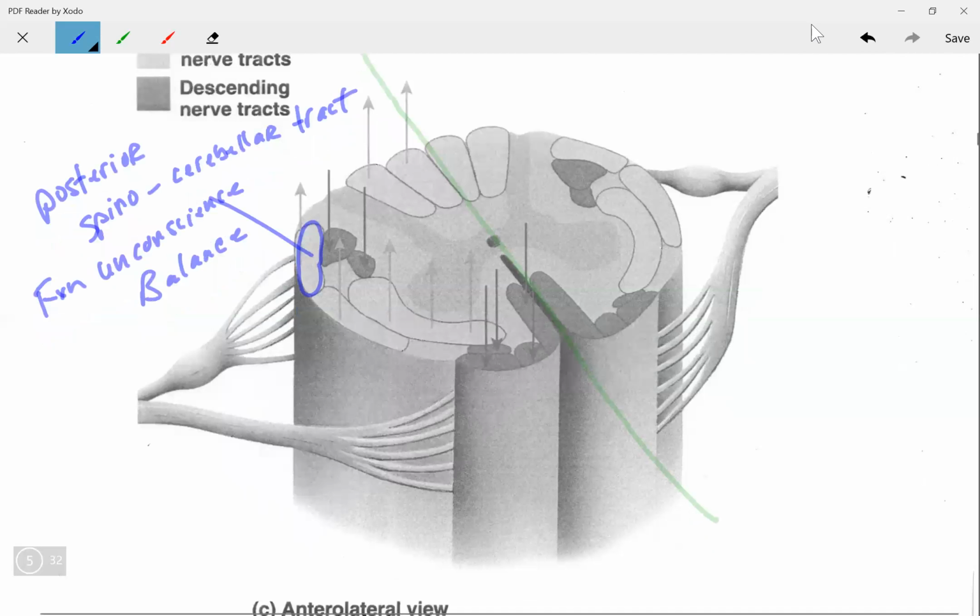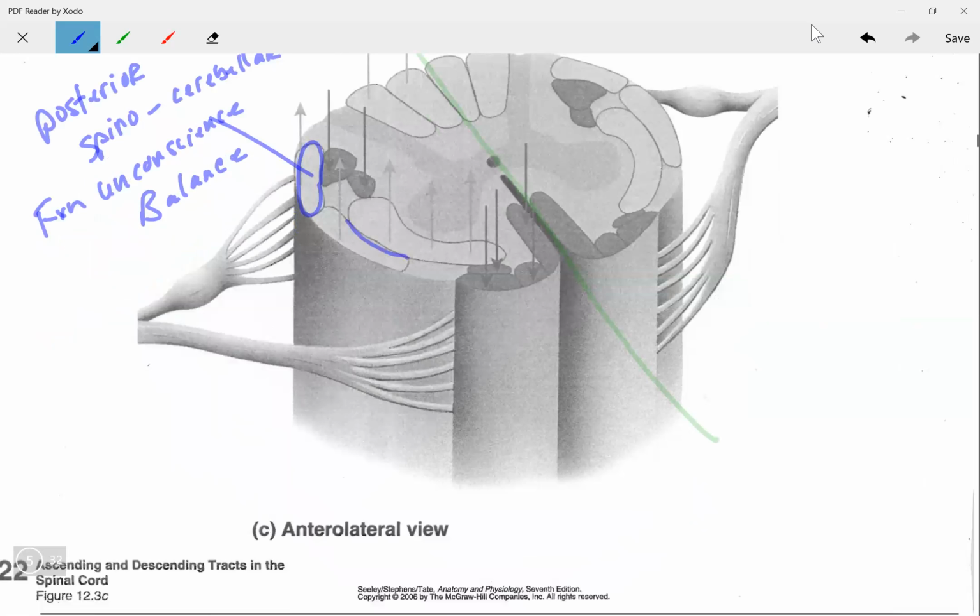Okay. And then this part, you can kind of look at it as the cousin. That's the anterior spinocerebellar tract.